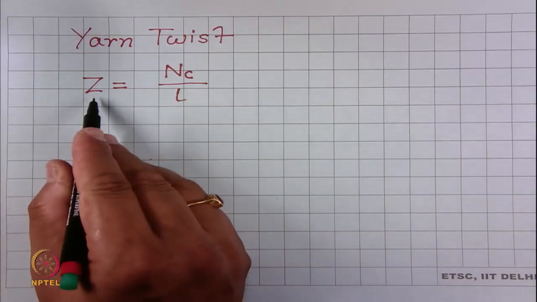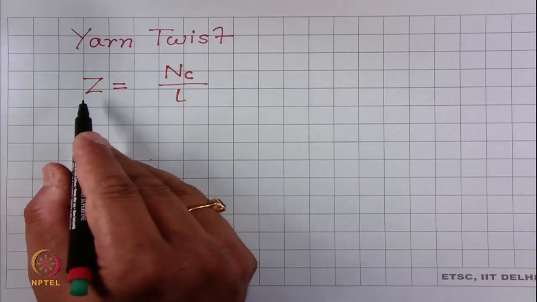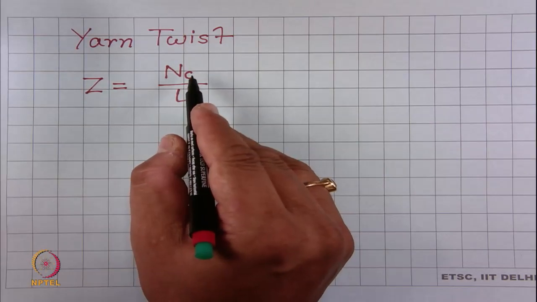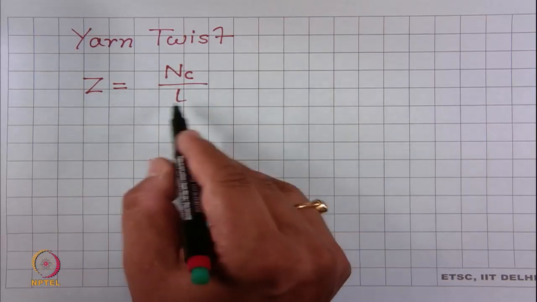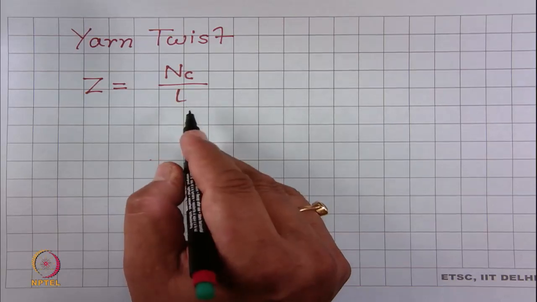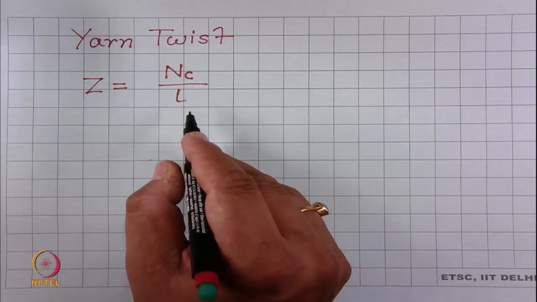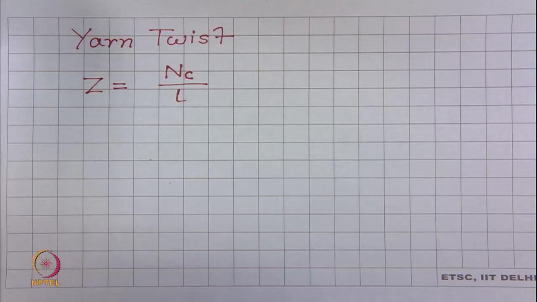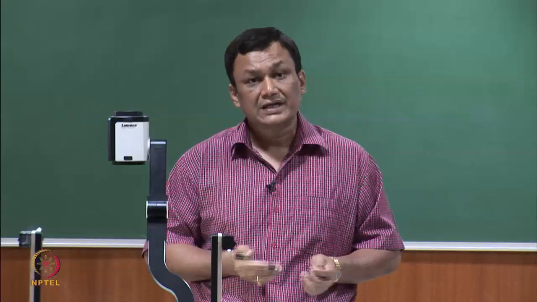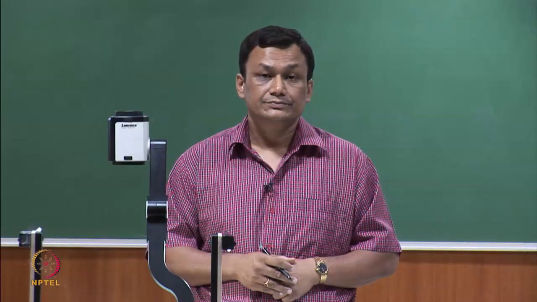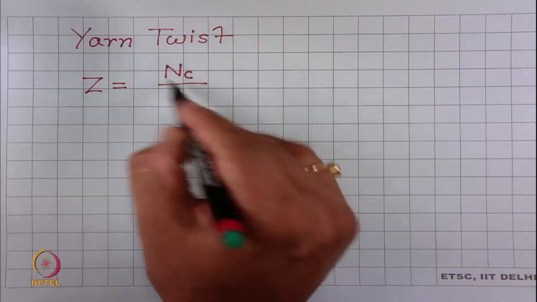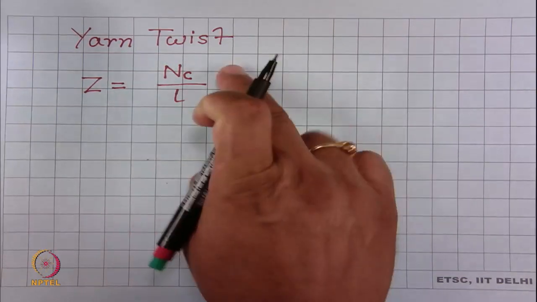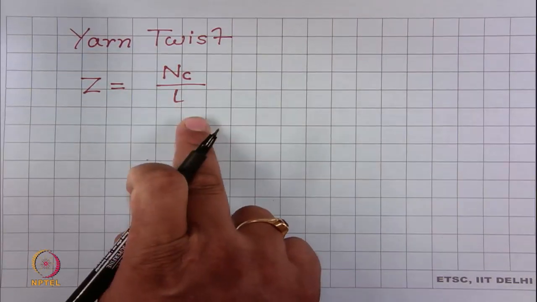So, Z we denote yarn twist, NC number of coils inserted, L length of the yarn. NC is a number, dimensionless, L is a length quantity.